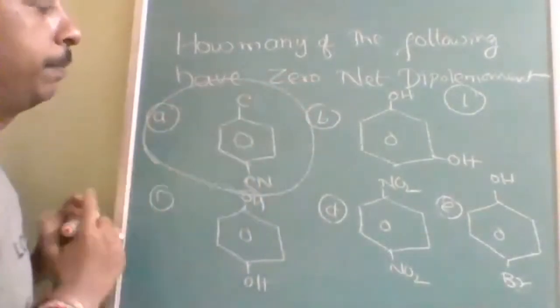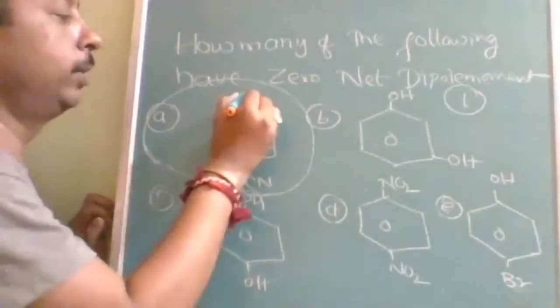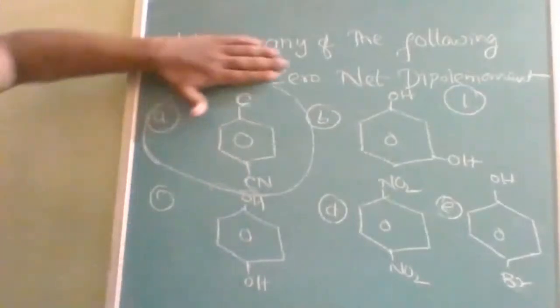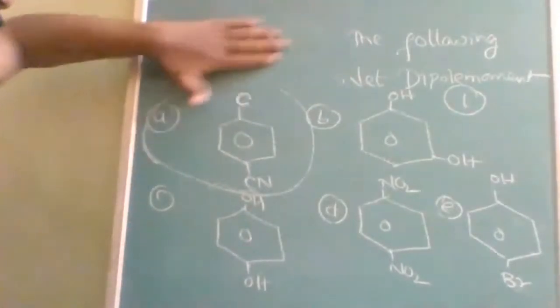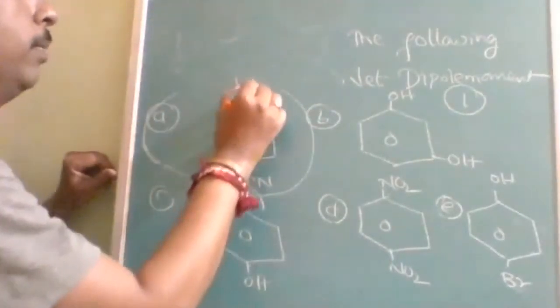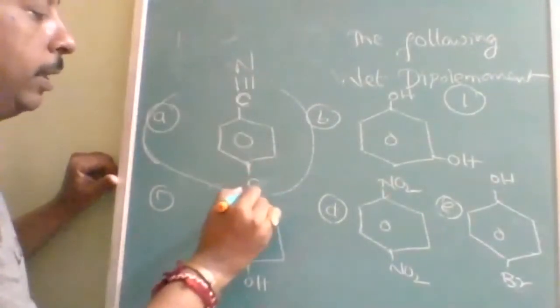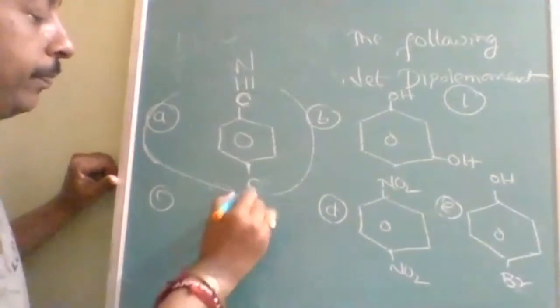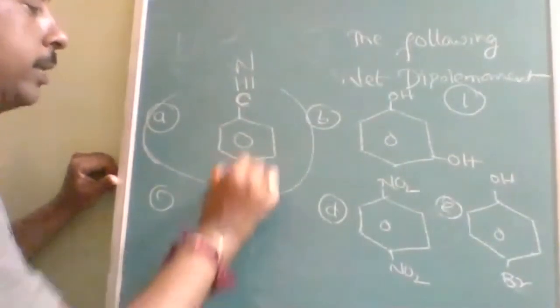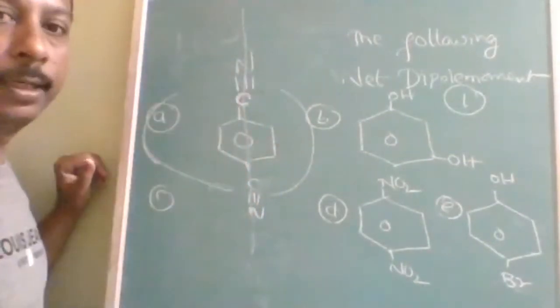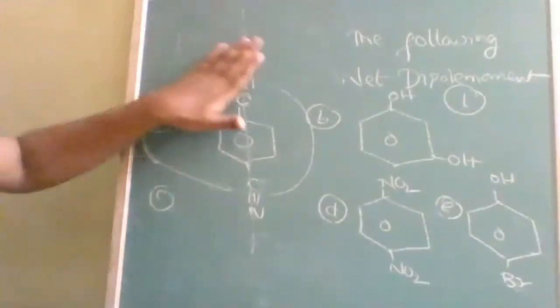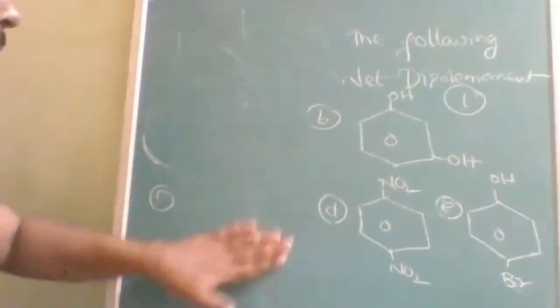Here, this is sp hybridized. As I told you clearly, it is a multi-concept advanced level question. So C triple bond N, it will be like this, and same way C triple bond N. Then it is completely opposite. Is that clear? So that's why only here the dipole moment will be zero.